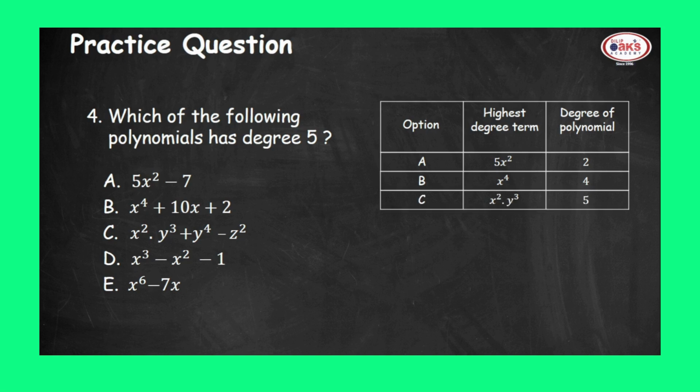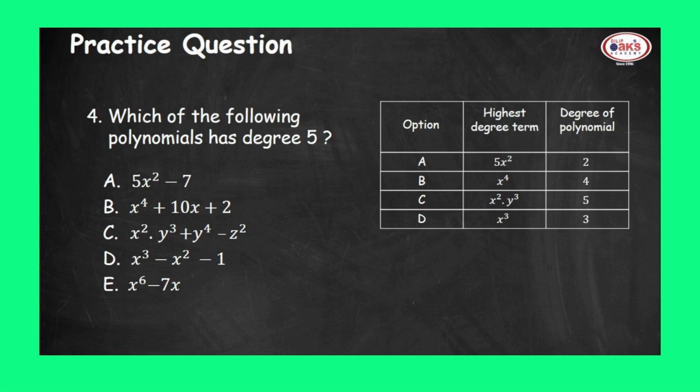In option C, you can make out that the highest degree term is x square into y cube, whose degree is 5, because degree of x square is 2, degree of y cube is 3. So it adds up and gives you the degree of that particular term to be 5, and therefore the degree of the entire polynomial in option C is also 5.